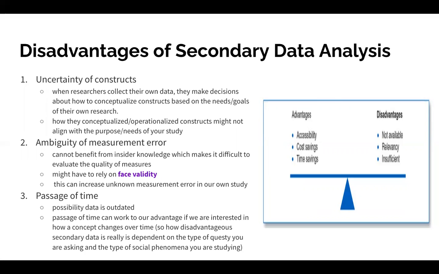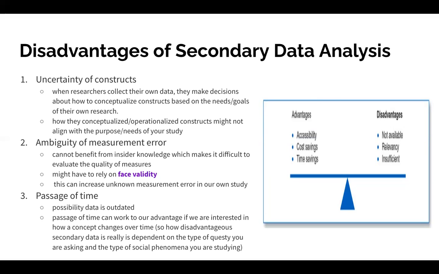Second major disadvantage, also related to conceptualization and measurement, is the ambiguity of measurement error. Once again, when you are collecting primary data and you are there in that data collection process, you do benefit from insider knowledge about the quality of the measures. You have some sense of what measures perhaps respondents systematically misunderstood.